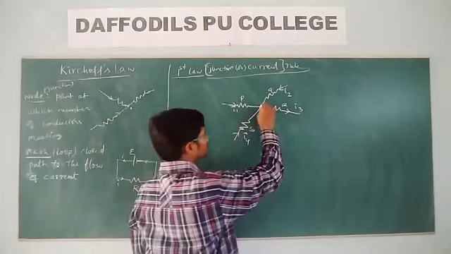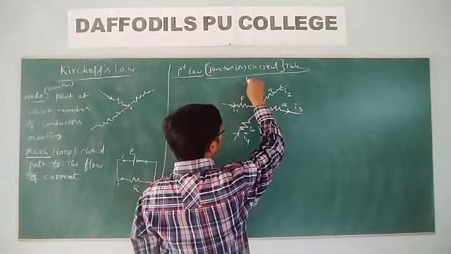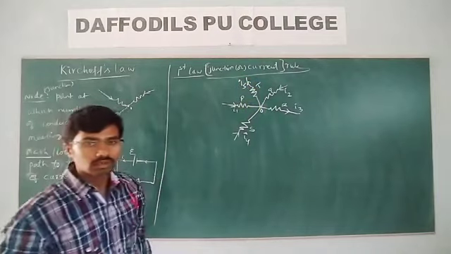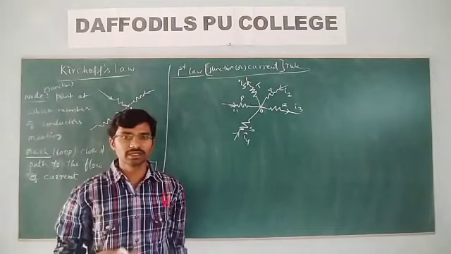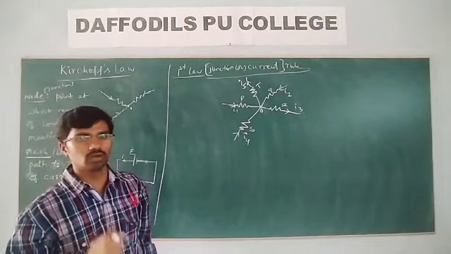Let me take one more conductor, T, with current I5. The algebraic sum of the currents at a point is equal to zero.